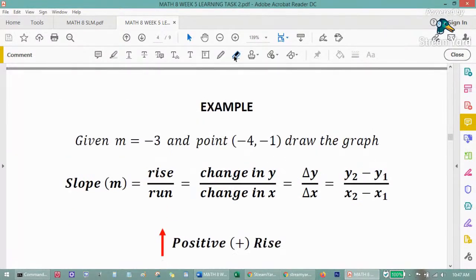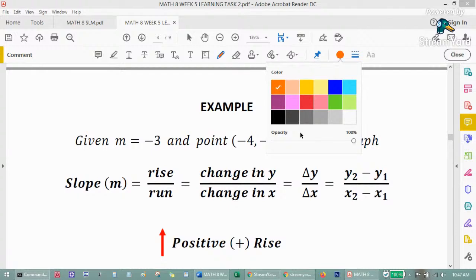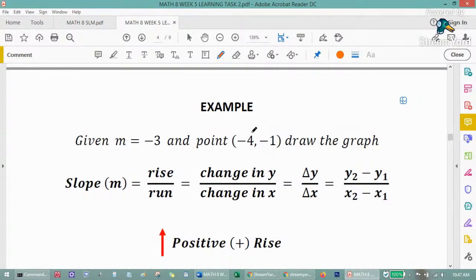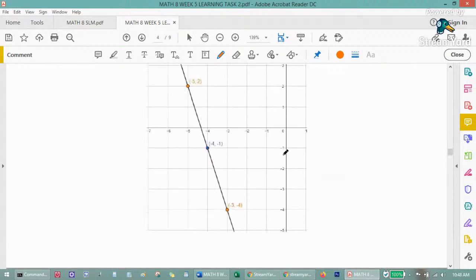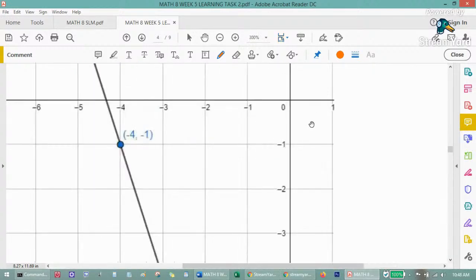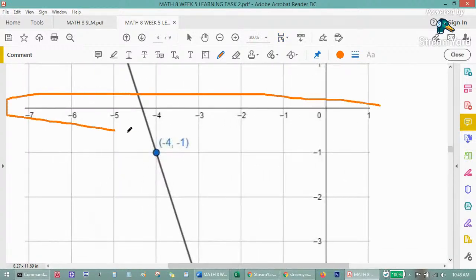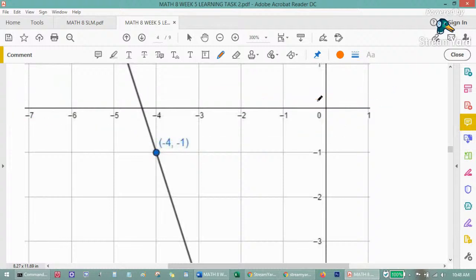Okay, so balikan natin to, no? So, x is negative 4. X is negative 4. So, ito yung x-axis natin, yung horizontal. In 0, negative 1, negative 2, negative 3, negative 4.